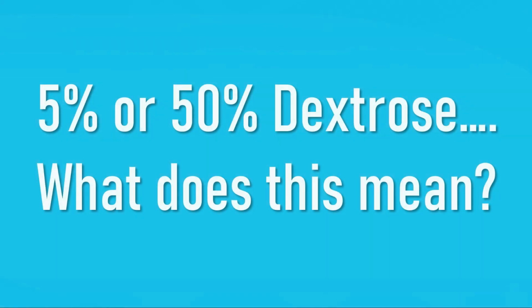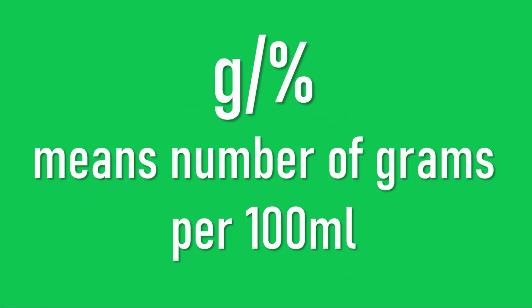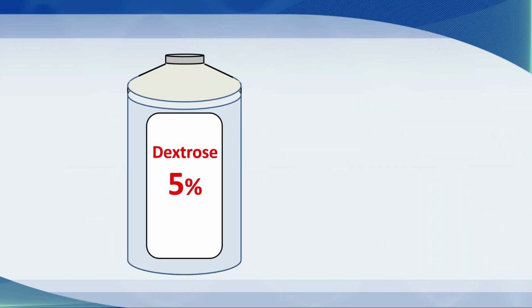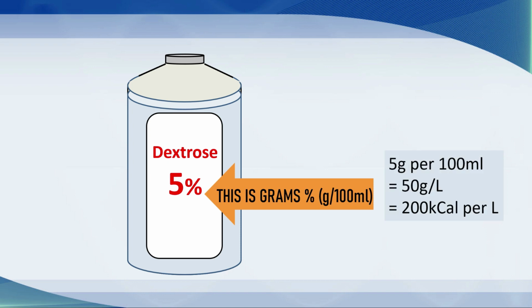So 5% or 50% dextrose, you'll hear these different fluid types quite frequently. What exactly does grams percent mean? Grams percent is the number of grams per 100 mils. Percent, 1 of 100. 5% dextrose is 5 grams per 100 mils. Scaling that up to a litre, that's 50 grams per litre.